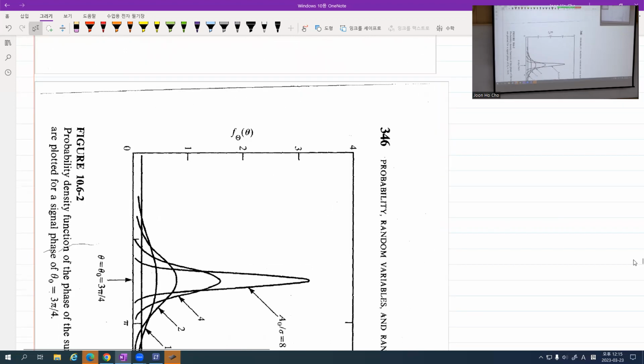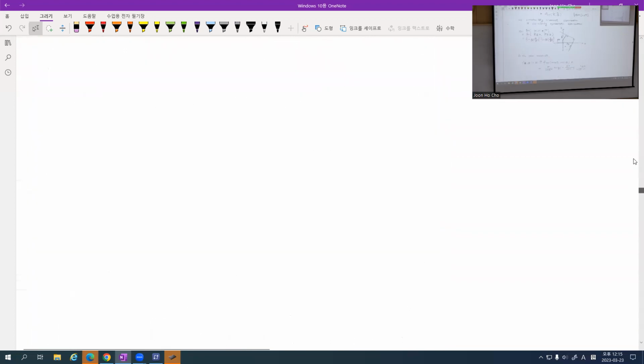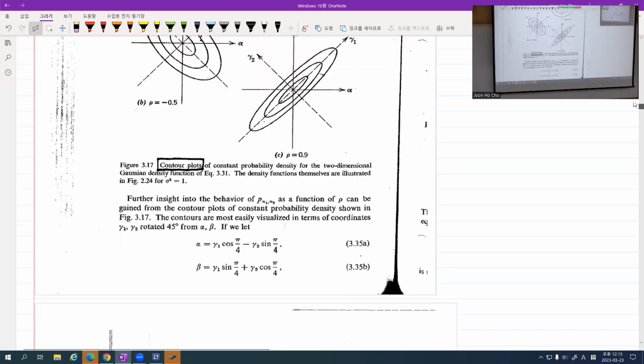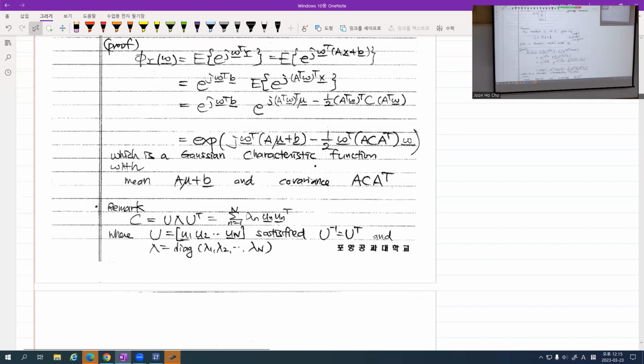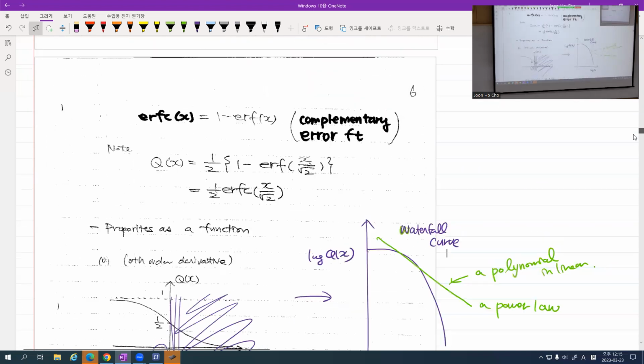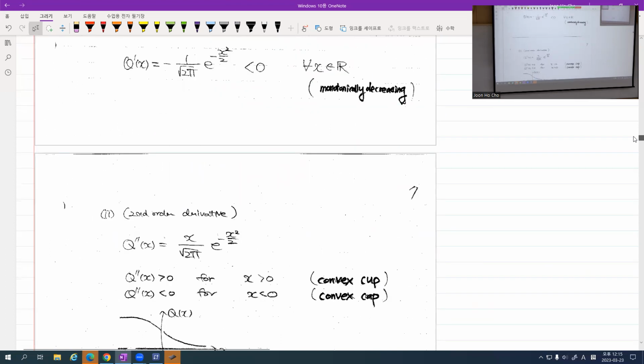But anyway, sometimes you are handling Q of something inverse, and the Q function has a very interesting property with that too. So here I just talked about the first order and second order derivative of Q of x, but you may need something like this.